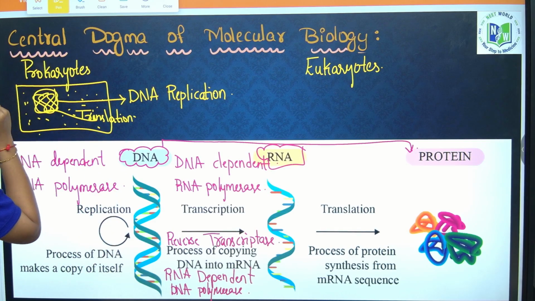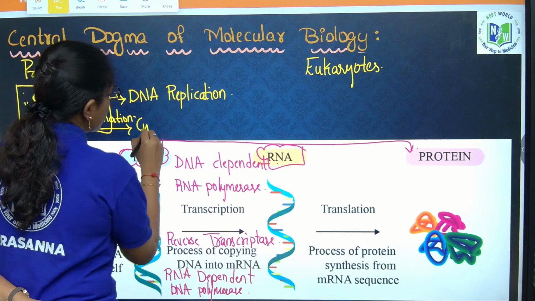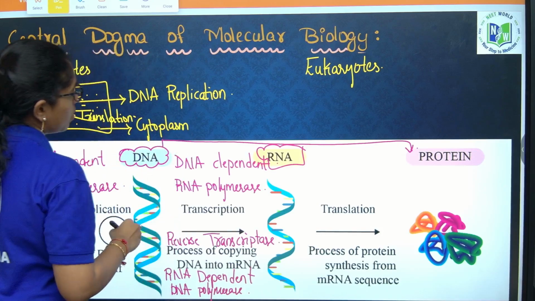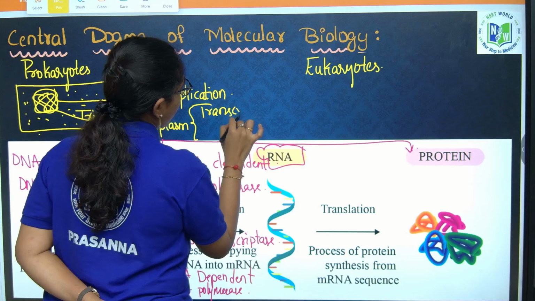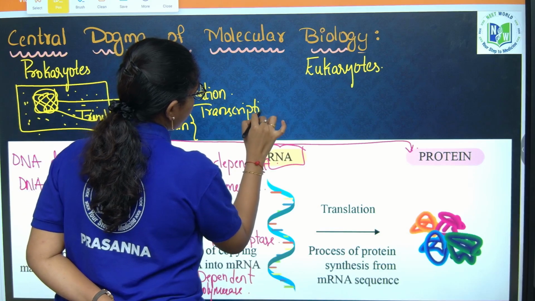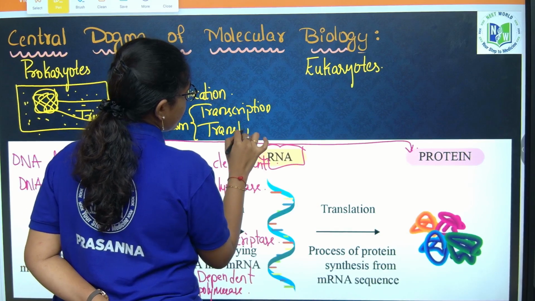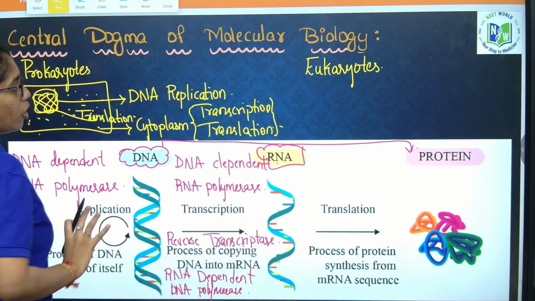So these two, transcription and translation, both take place in the cytoplasm of prokaryotes.